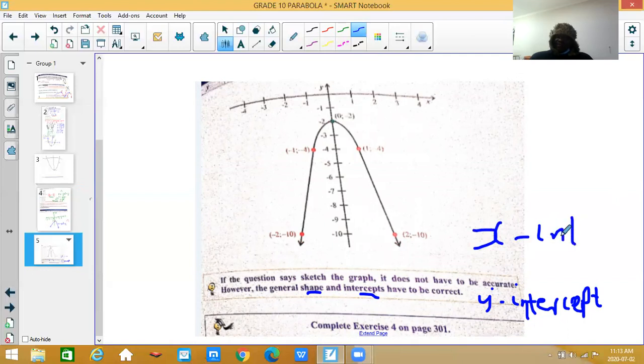If the x-intercepts are there, those must be indicated. If they are not there, like in this scenario, no problem. These intercepts must be clear.